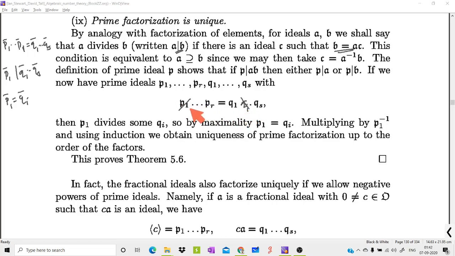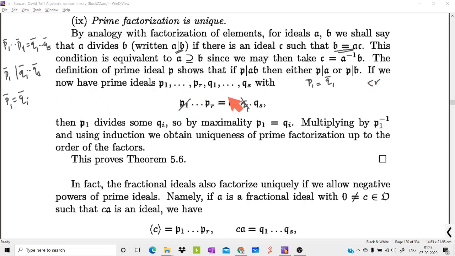Now we can use induction. First assume that if R is equal to 1, then P1 is equal to Q1. If this is not the case, we use the induction hypothesis: the result is true for every number less than R. By cancelling, we get a product containing fewer than R prime ideals.